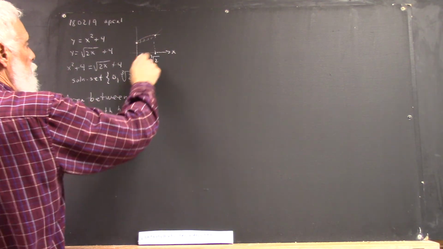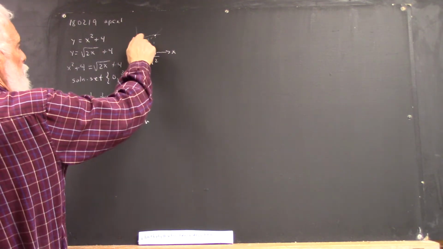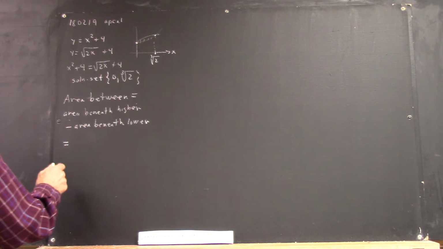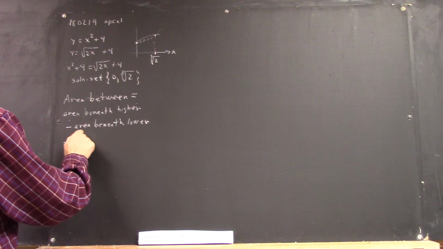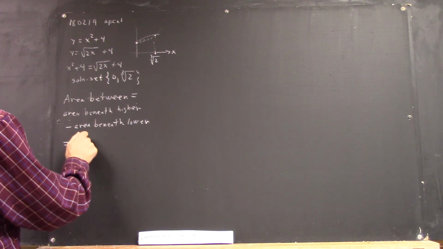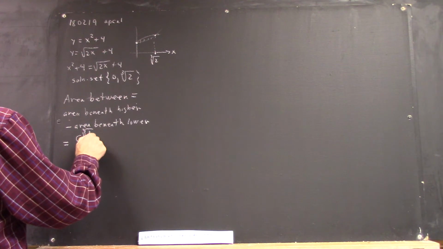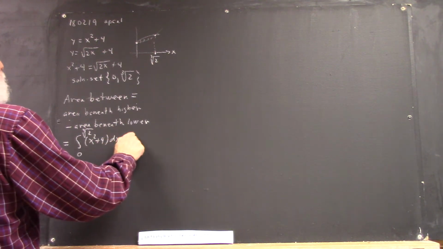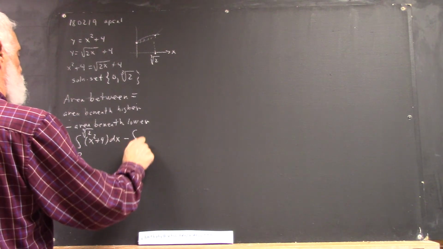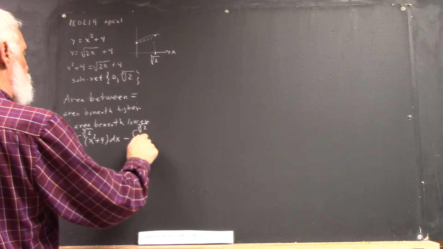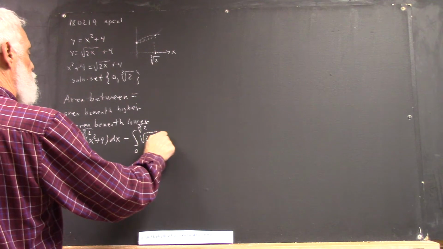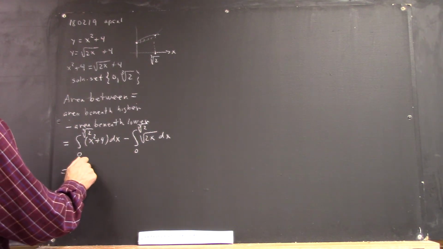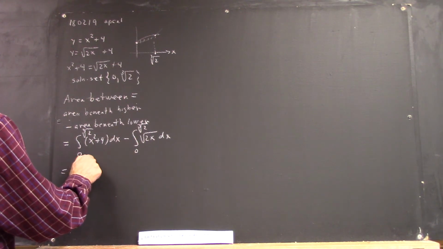The area will then be the integral from here to here of the upper function minus the lower function. So the upper function is x squared plus 4, so it'll be the integral from 0 to the cube root of 2 of x squared plus 4 dx, minus the integral from 0 to the cube root of 2 of the square root of 2x dx, which is of course equal to the integral from 0 to the cube root of 2.